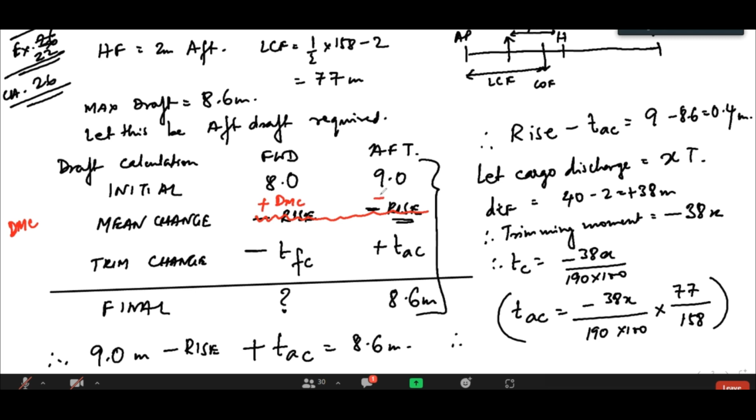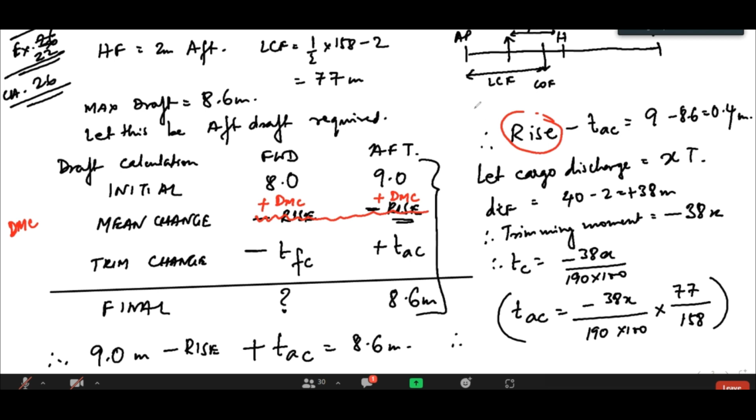So instead of using this one, if I use plus DMC and plus DMC, अब क्या होगा देखो यहाँ पे. What is going to happen to this equation here? माइनस हो जाएगा. दोनों में माइनस आ जाएगा.